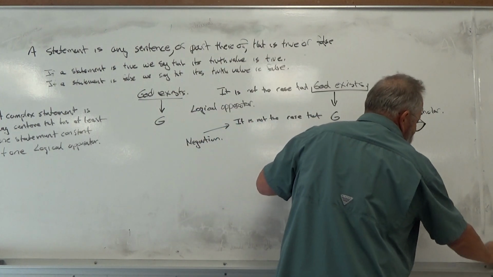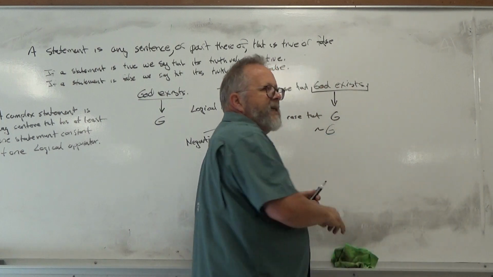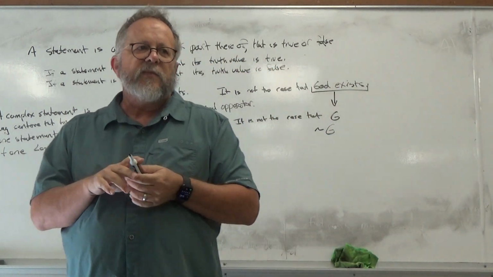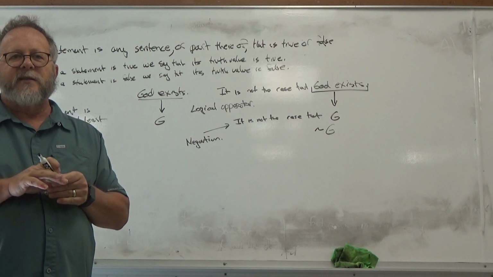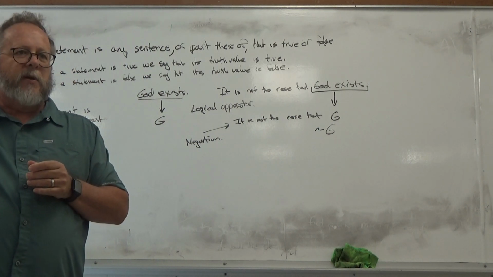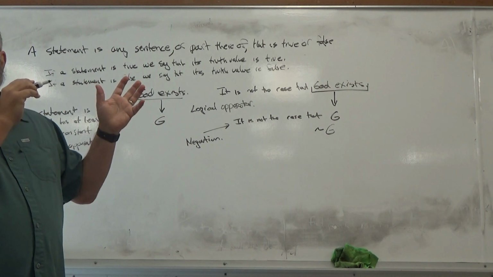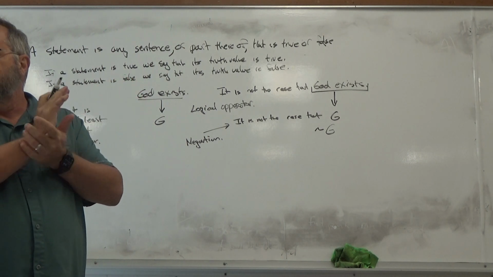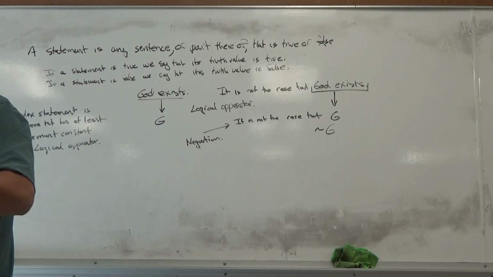That's if you're out there doing this on your own, which I know you all will. But in all of the homework assignments and the tests, I'm going to assign the statement constants. I'm going to say use A equals blah, blah, blah. And so there will be no worry about whether we're negating a statement constant or it's just a statement constant. Does everybody understand that?